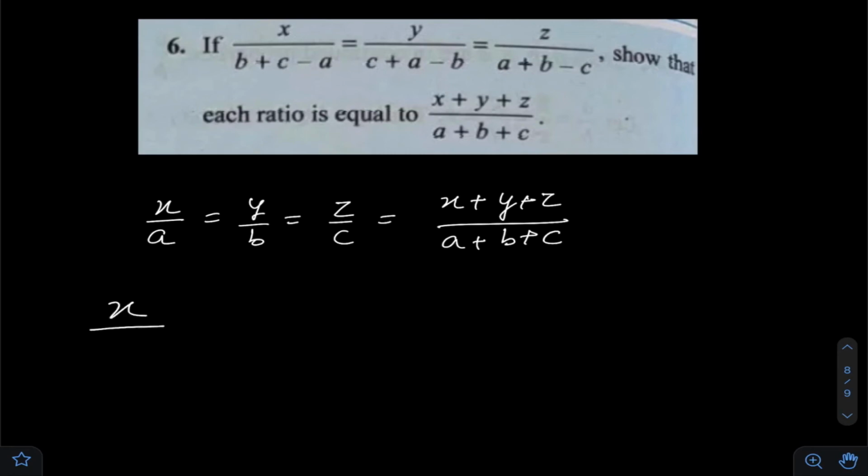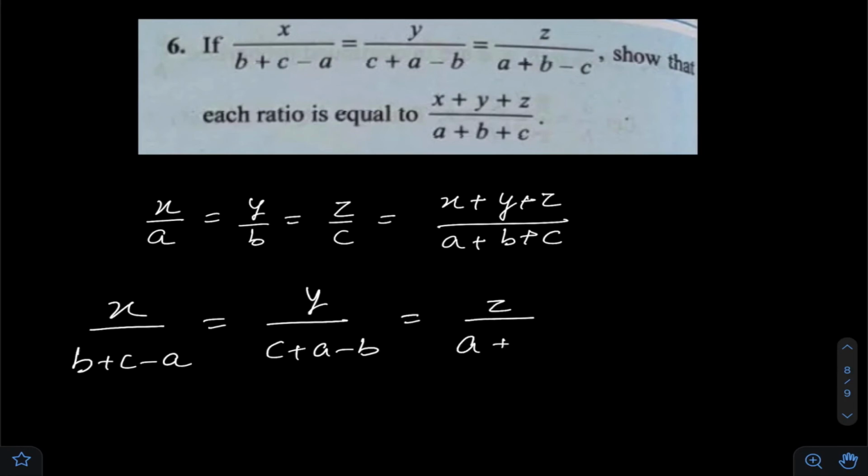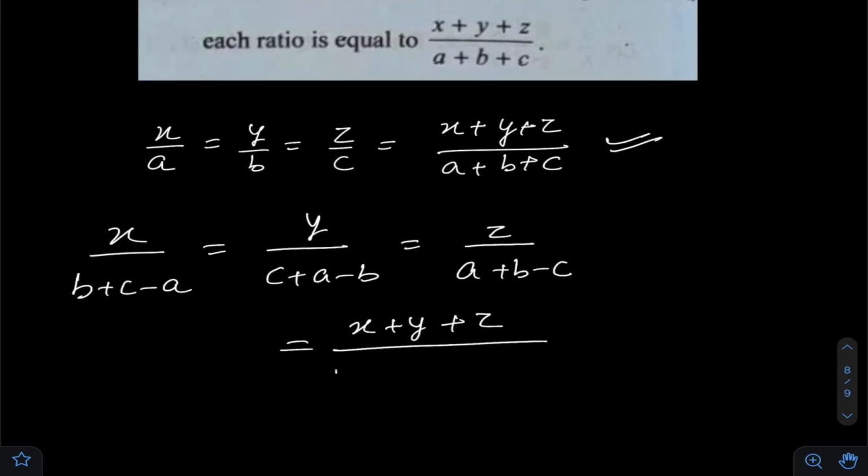x upon b plus c minus a equals y upon c plus a minus b equals z upon a plus b minus c. So if you apply this result here, you have to add all the terms of the numerators, and in denominator also we have to do the same.